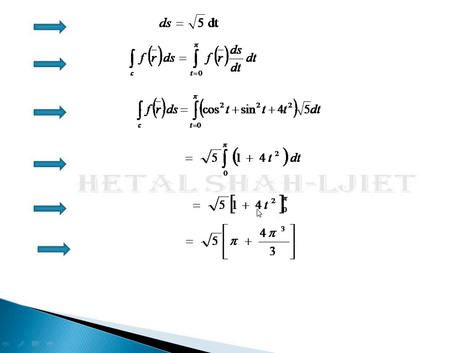This was a mistake earlier; students, please remember this is t plus 4t cube by 3. By applying the upper limit and lower limit, we get pi plus 4 pi cube by 3.